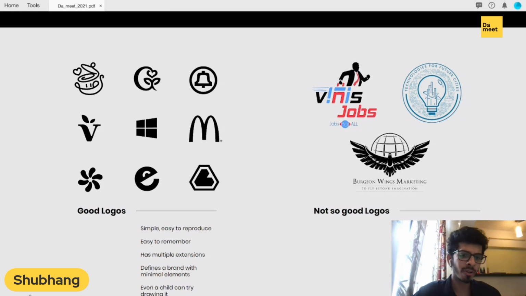Not so good logos generally tend to be quite complex, as you can see. They don't possess any brand attributes. You remember how we covered the brand personality, how we were defining the logos with adjectives. All these not so good logos don't tend to have any adjectives at all. They are just made for the sake of it.